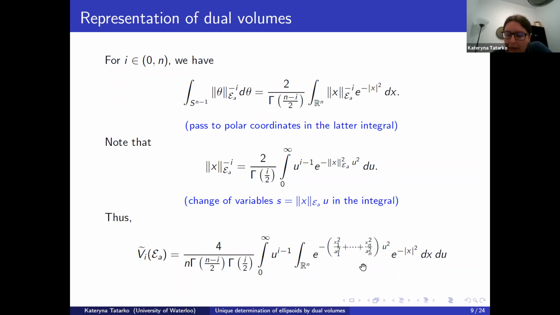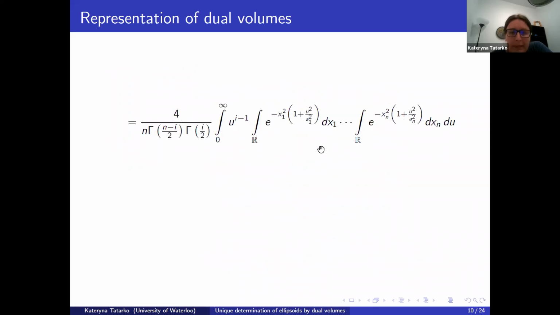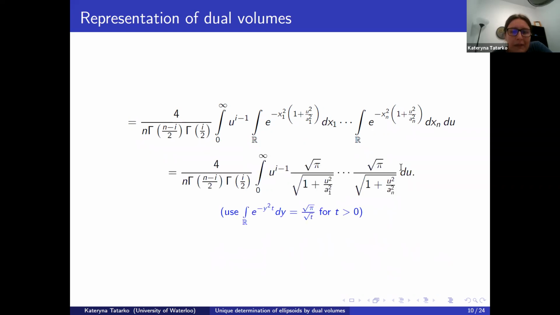If I do this, I get the product of these integrals with respect to each variable xi, and each of these integrals is just the Gaussian integral with the following constant. So computing each of these Gaussian integrals, we get the needed representation. Now that we have this in hand, we can try to prove the theorem.